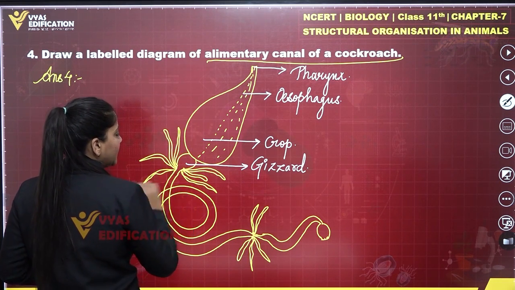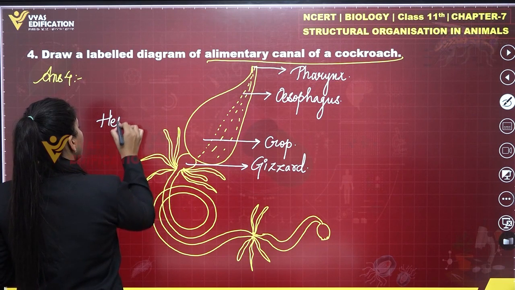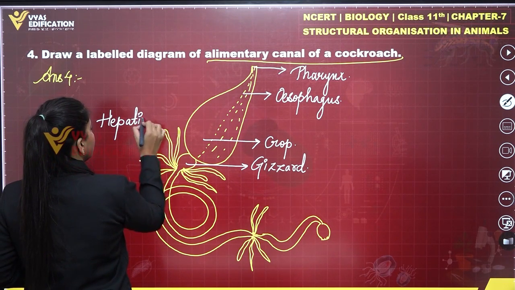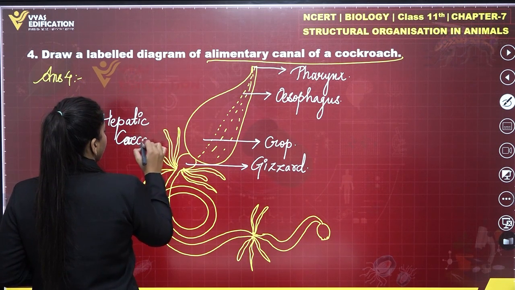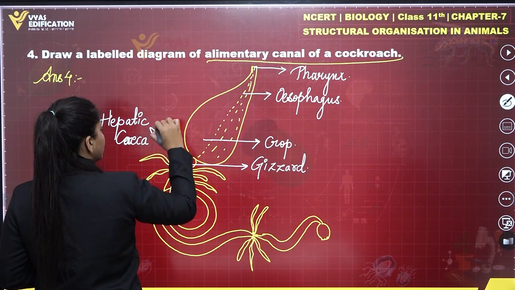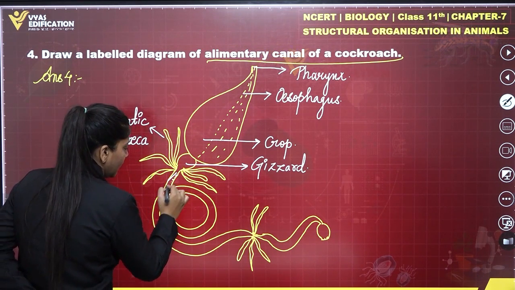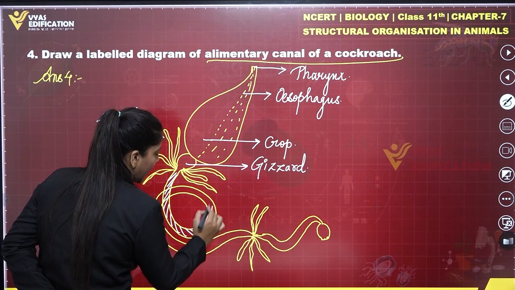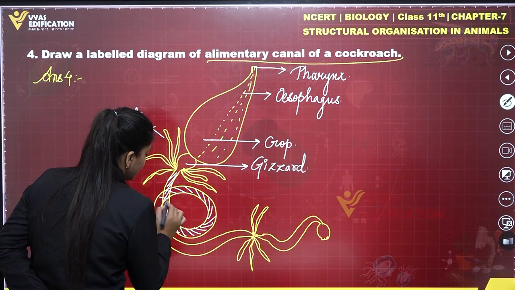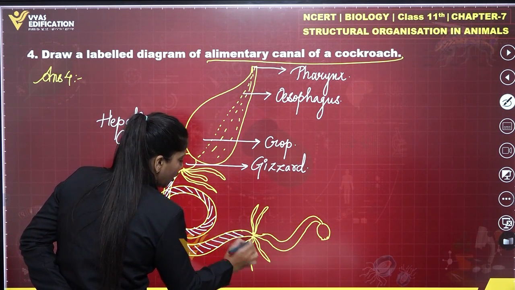These are hepatic caecae. Then this whole tube-like structure, which I'm drawing with white lining, is your midgut of the alimentary canal in the cockroach, right?